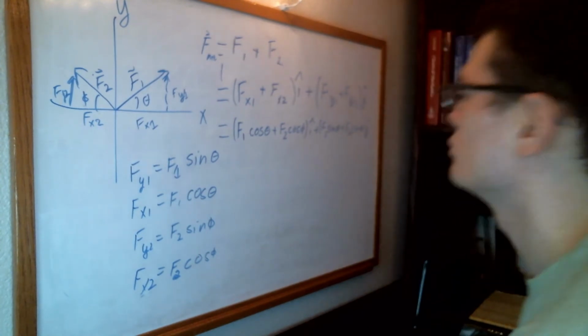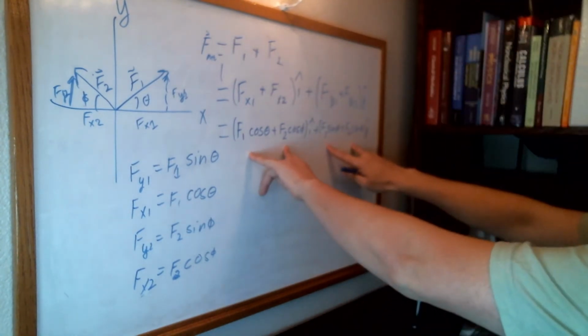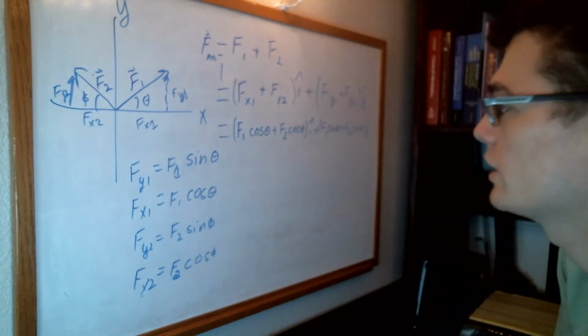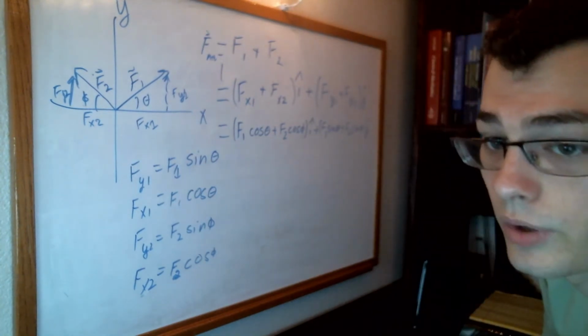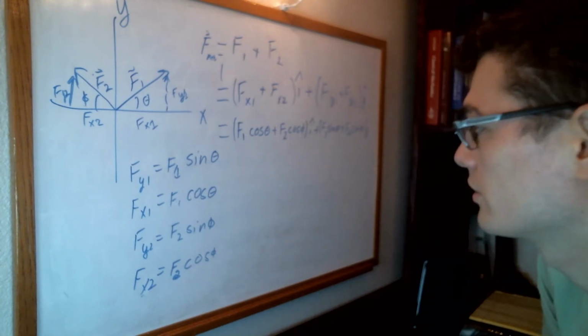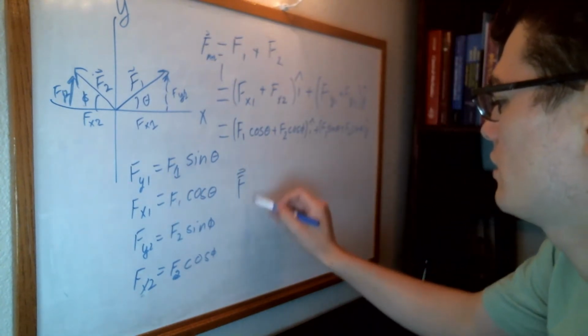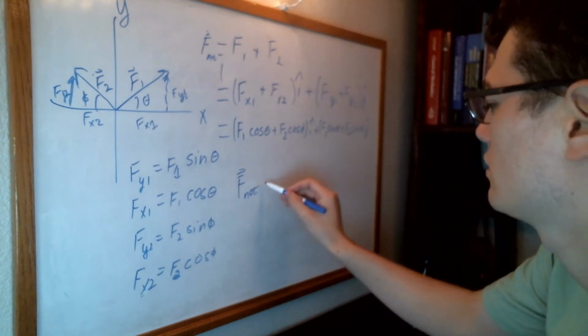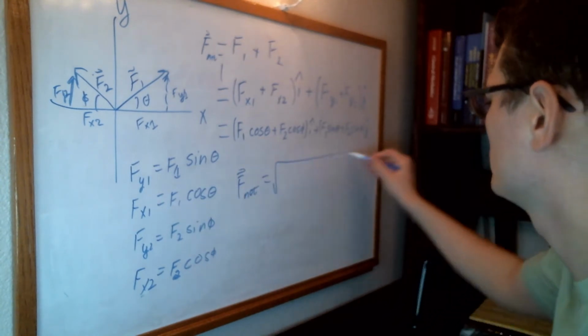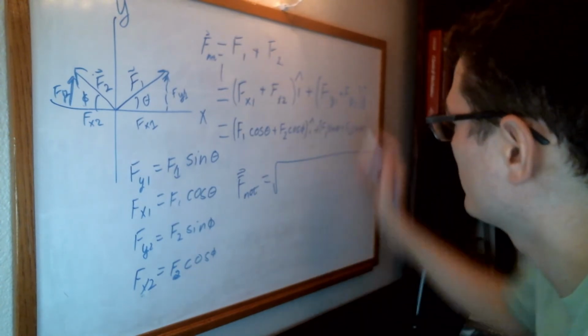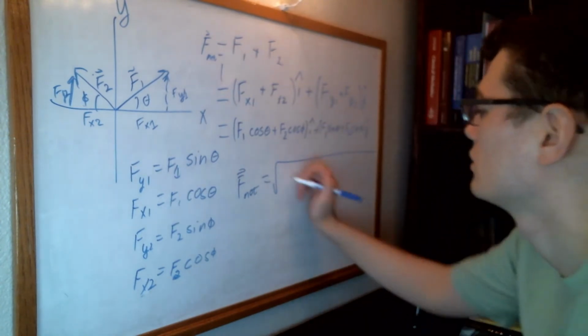Okay, so once we've added up all these components, the only way to actually find Fnet outside of component form is to use the Pythagorean theorem. And so then we can do that, and we can say that Fnet is going to be equal to the square root of the square of our x component plus the square of our y component.